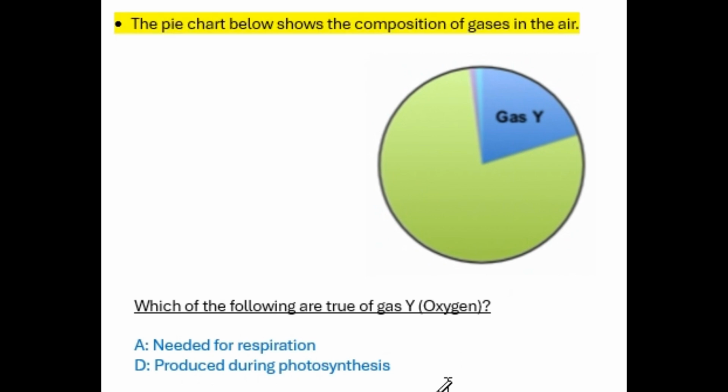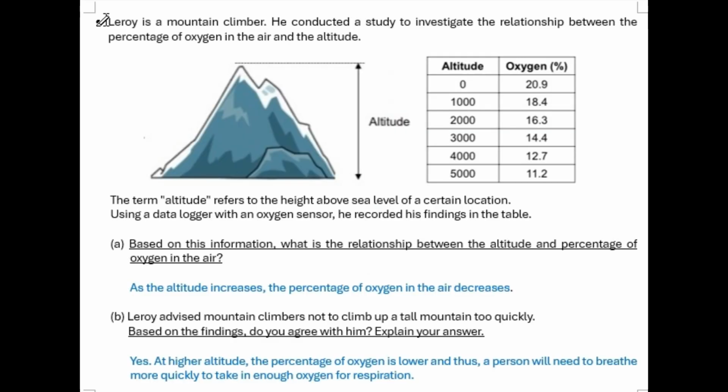The pie chart below shows the composition of gases in the air. Which of the following are true of gas Y, oxygen? Needed for respiration. D. Produced during photosynthesis.